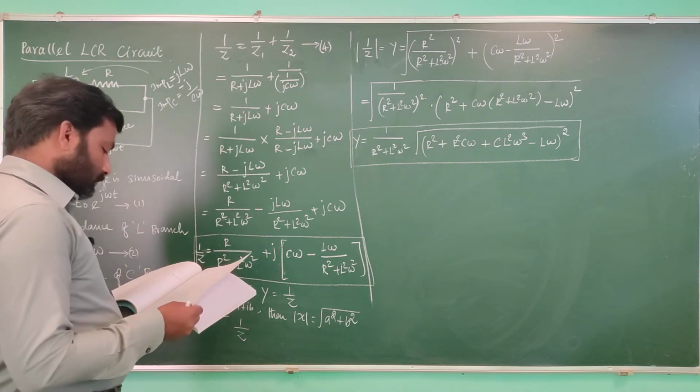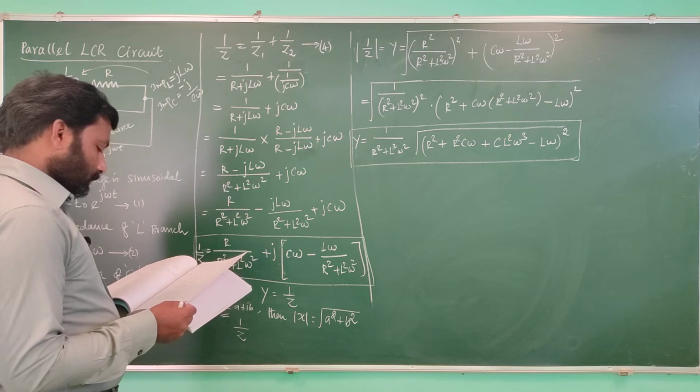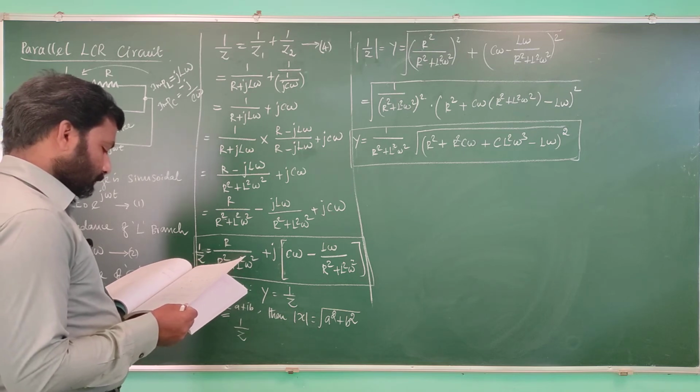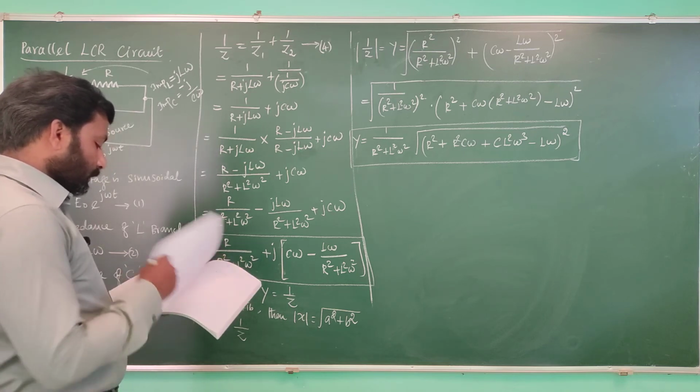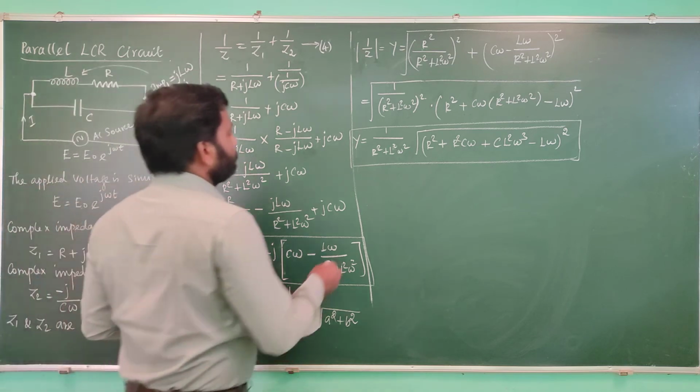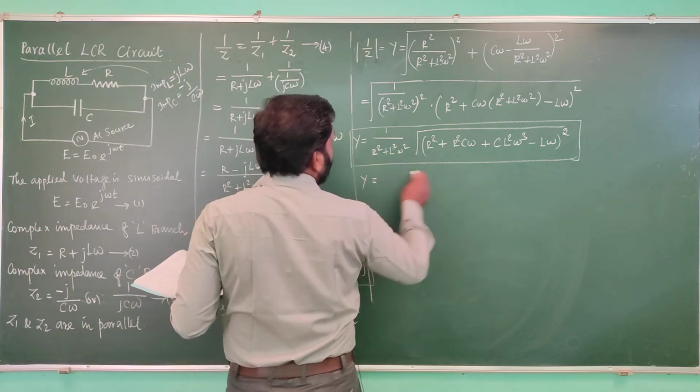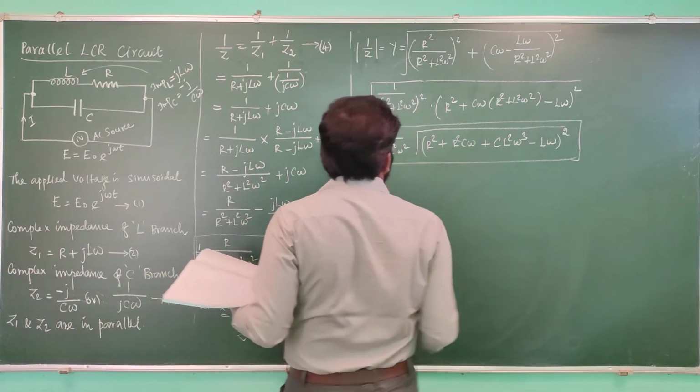This is nothing but the admittance. Or you can simply write Y, where here also you can cancel out the square and square root.